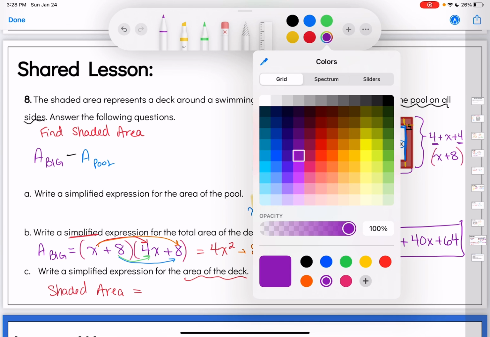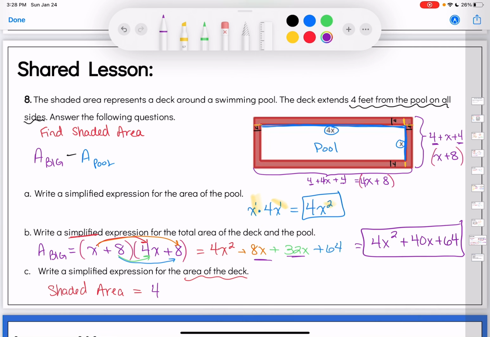So the area of the big was the 4x squared plus 40x plus 64 minus the area of the pool, which was 4x squared. Oh, well, 4x squared minus 4x squared will cancel out. Excuse me, the area of the deck, the shaded area, is 40x plus 64.